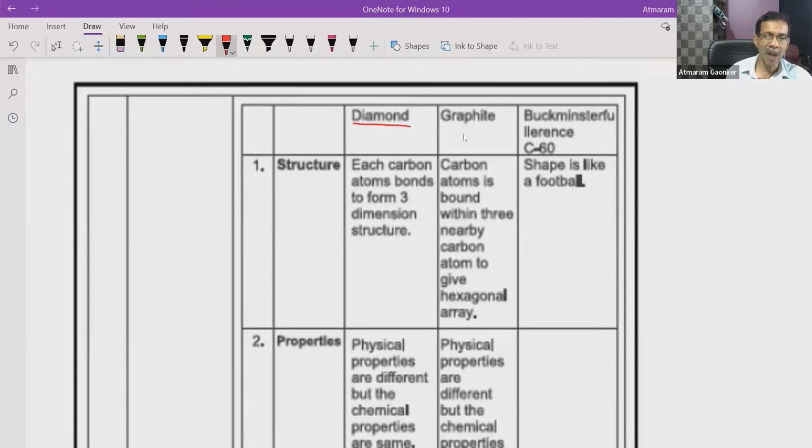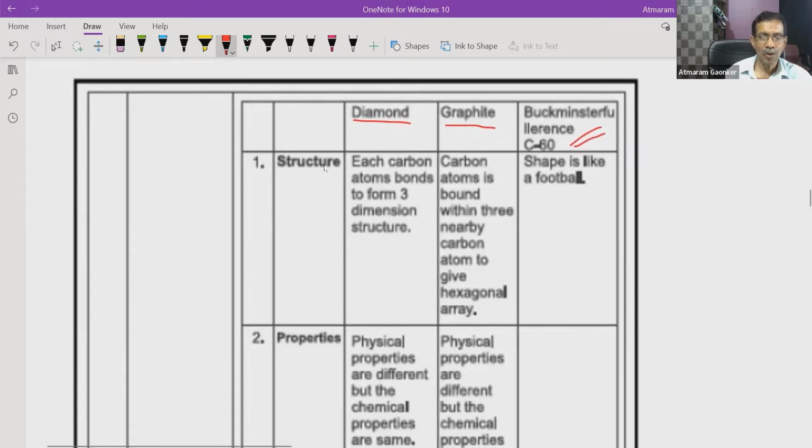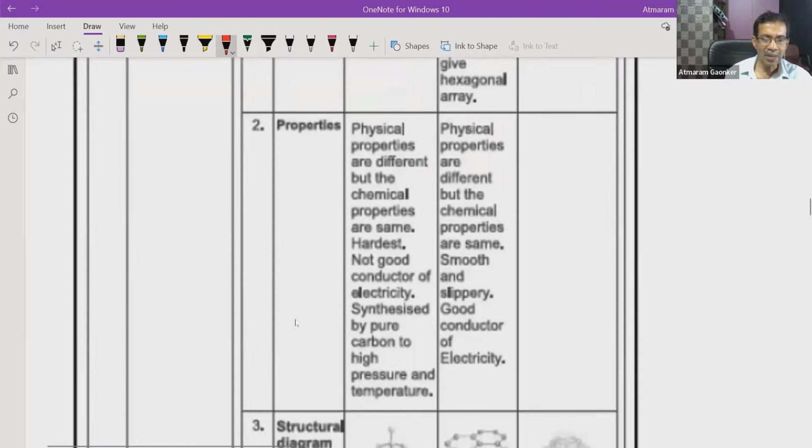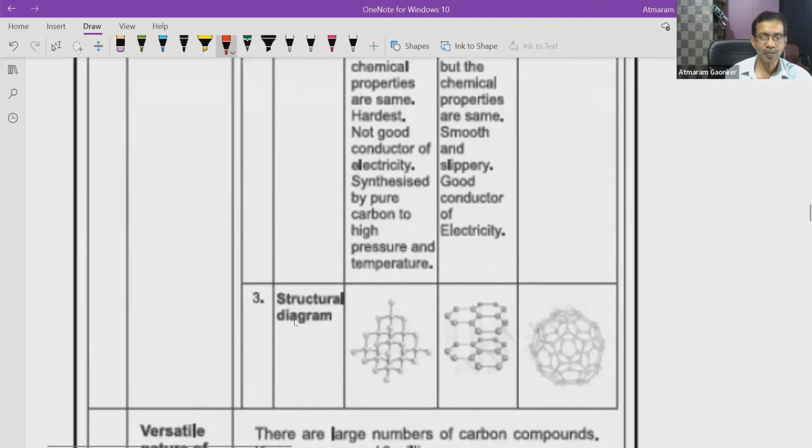One is called diamond, another one is called graphite, and the third one is called Buckminster fullerene. That is written as C60. So each one of them I will discuss with the structure, property, and structural diagram.